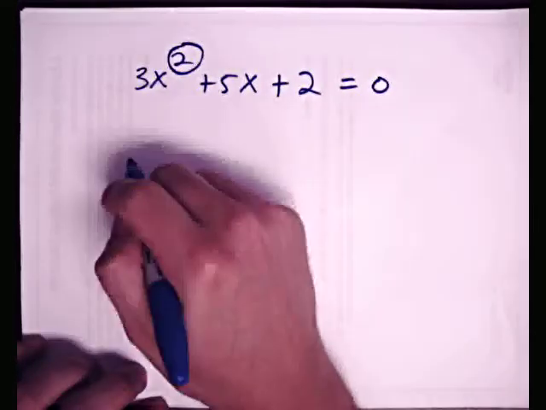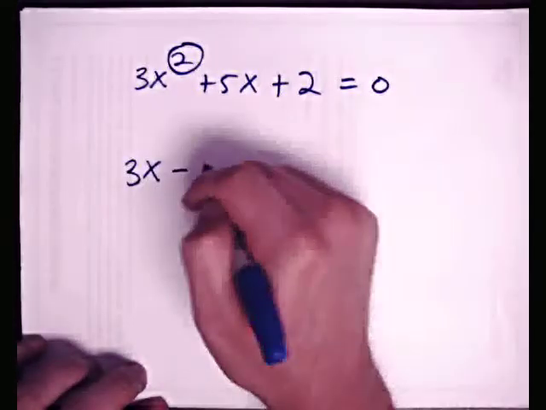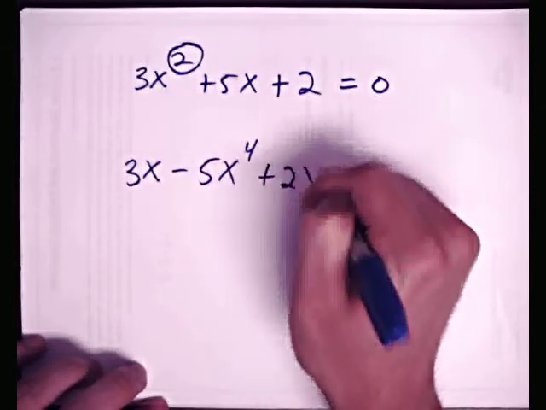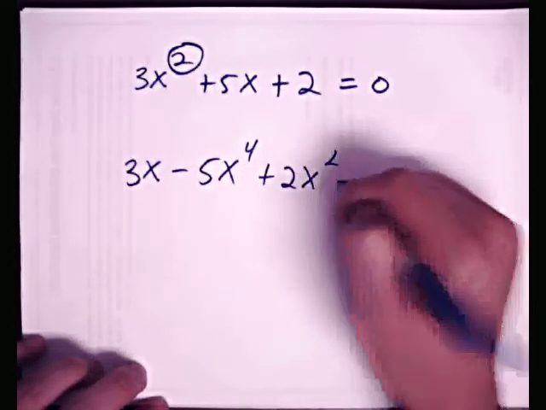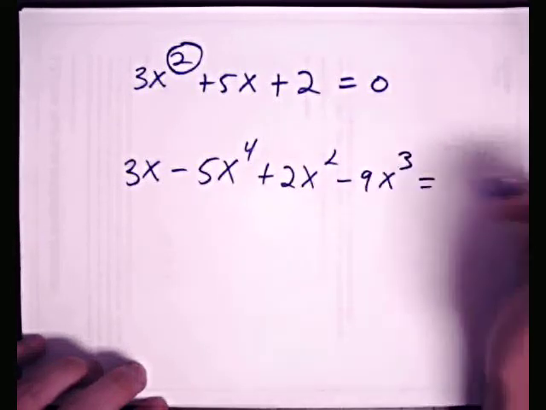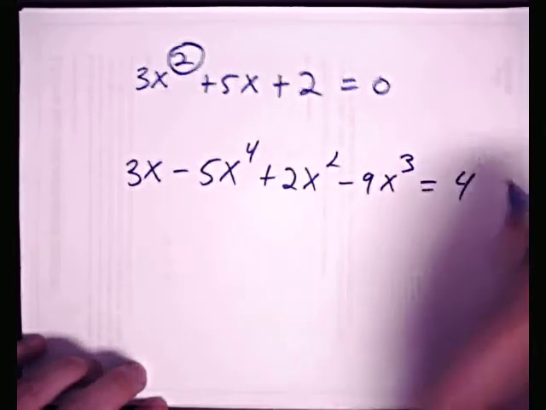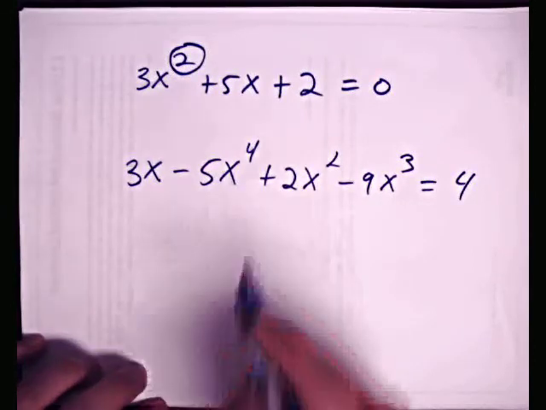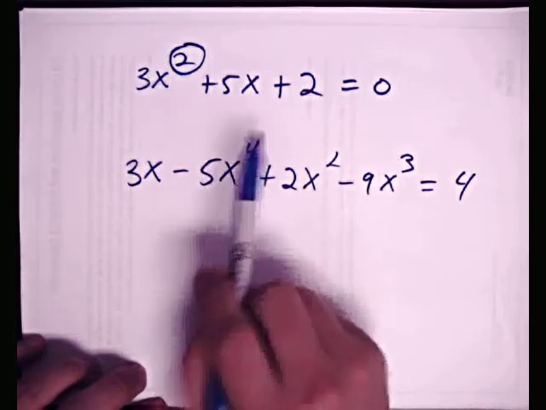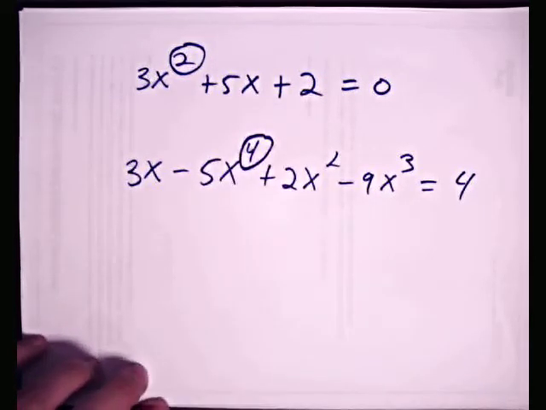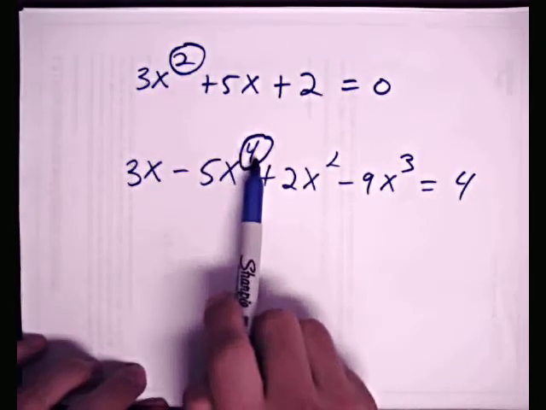Or something like 3x minus 5x to the 4th power plus 2x squared minus 9x cubed equals 4. That's a polynomial equation as well. Here, though, it's not in descending order. The highest degree is 4.